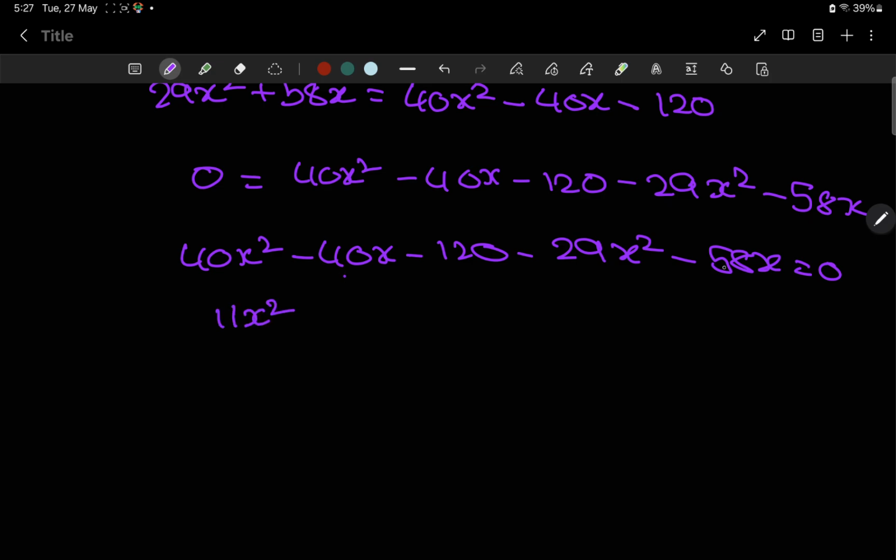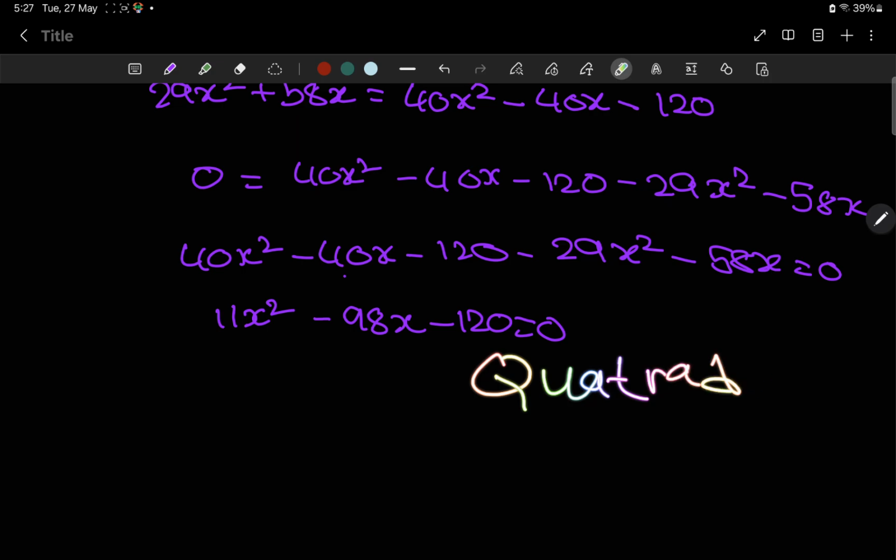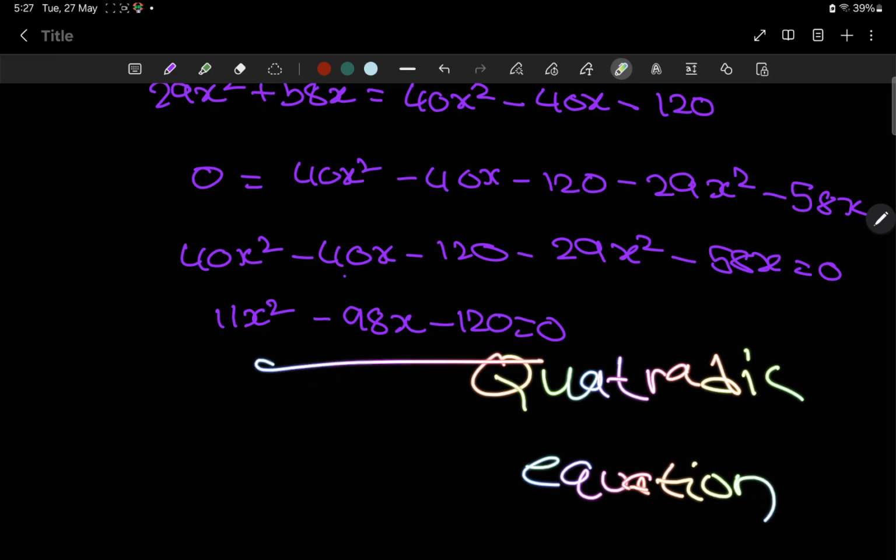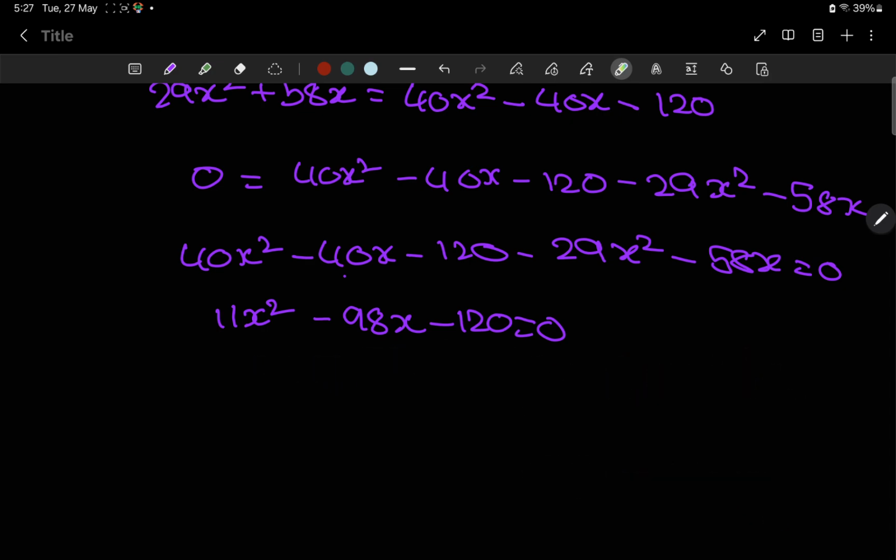So 40 plus 58 is minus 98x, and 120 as constant, because it has no other constant to add or subtract with it, right? So we have formed an equation. This is called a quadratic equation. So now we have to solve this quadratic equation.